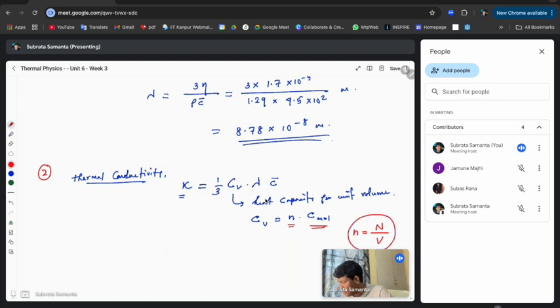Now lambda. What is the expression for lambda?